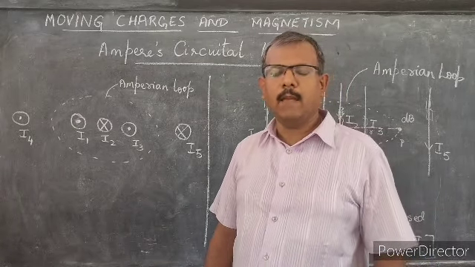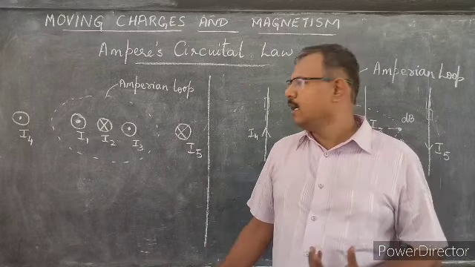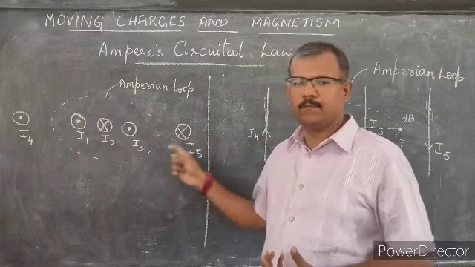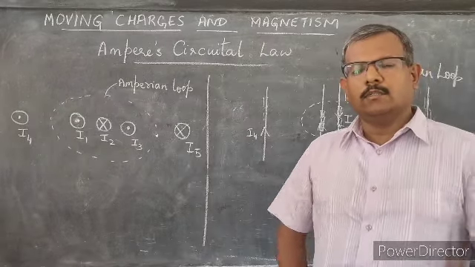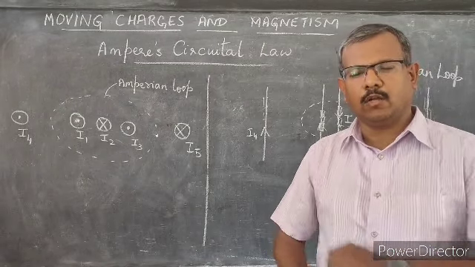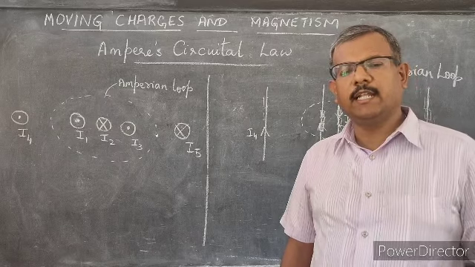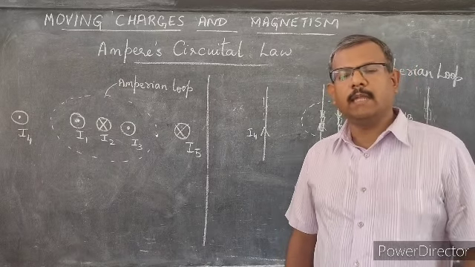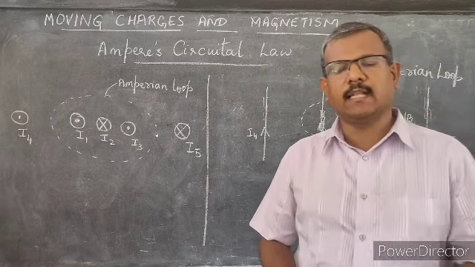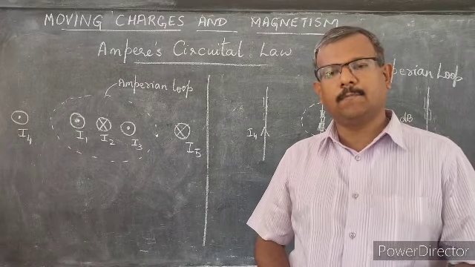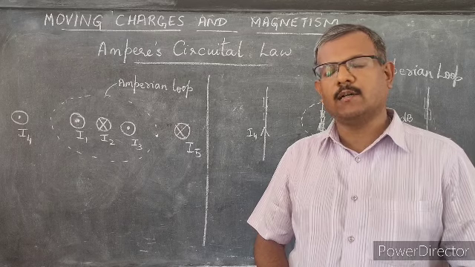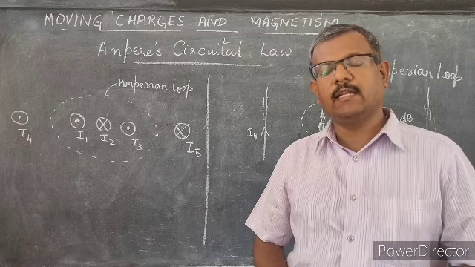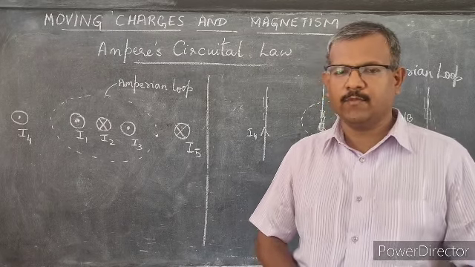Now the Amperian loop is an imaginary concept. So when we apply Ampere's circuital law to everyday life, we make some basic assumptions that allow us to easily apply this law to different kinds of current carrying loops that we encounter in everyday life.